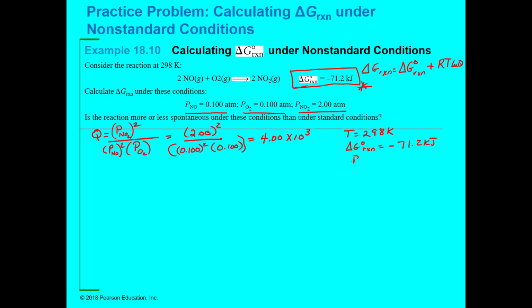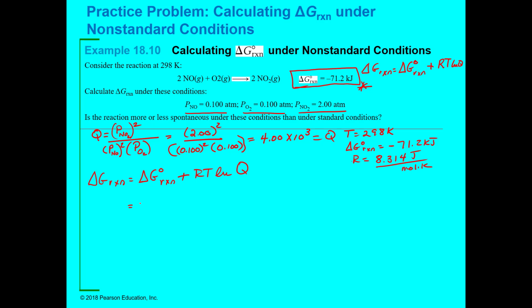Oh, R, which is 8.314 joules over mole K. All right, R and T and ln Q. Okay, and then Q is this. So once I get all that figured out, then all I have to do is plug it into my formula. The delta G of the reaction is going to be equal to the delta G0 of the reaction plus RT natural log of Q equals.